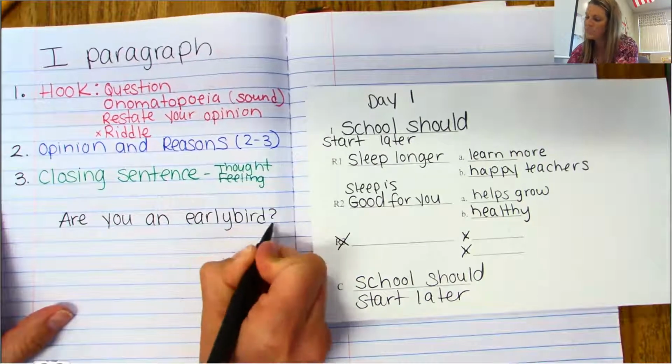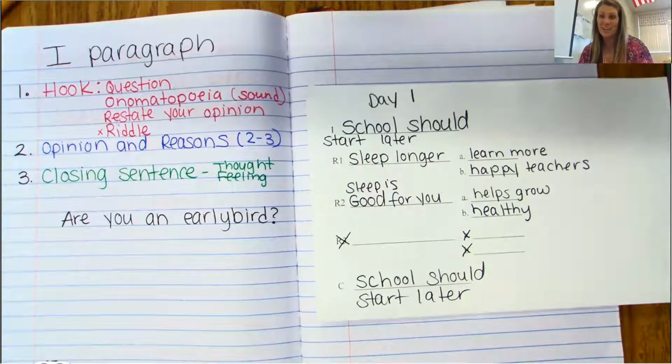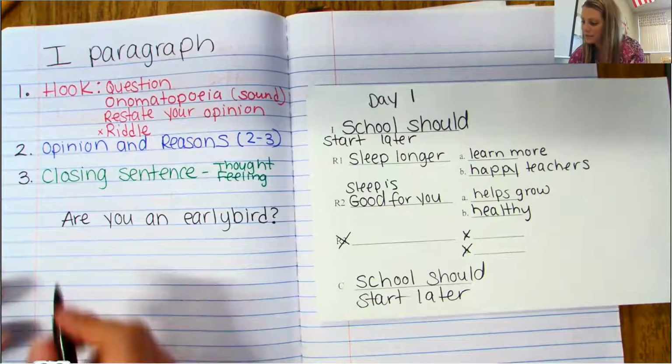So an early bird is someone that likes to get up early. And then I'm going to answer that question because I want to start telling you about my opinion. And I'm going to write, I am not. And I need my rest.